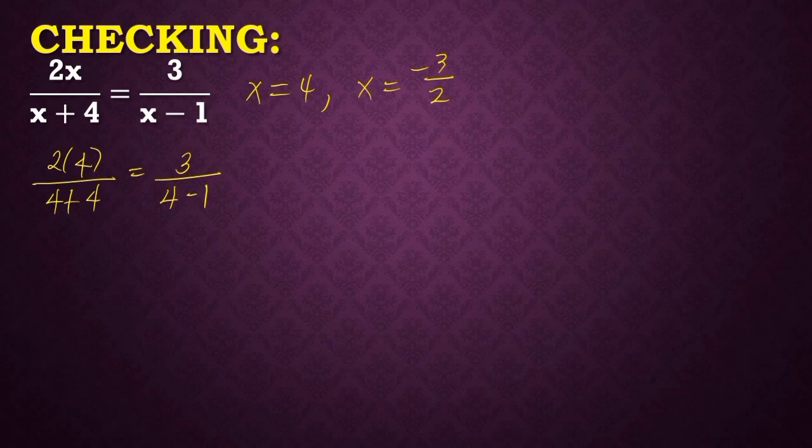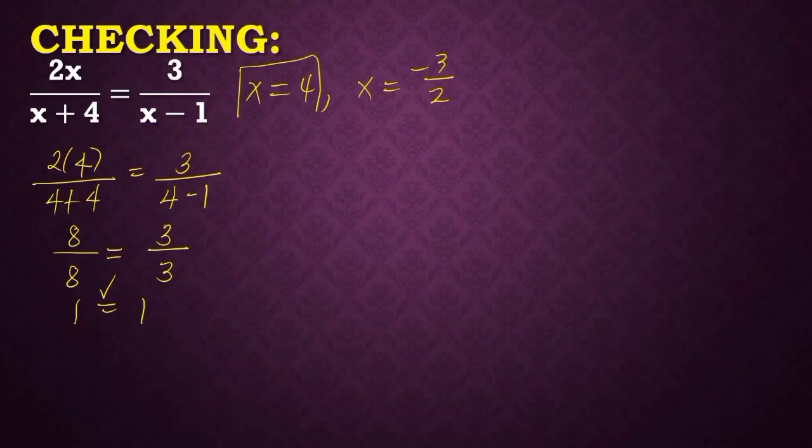So, 2 times 4, that is 8, over 4 plus 4, 8, equals 3 over 4 minus 1, that is 3. 8 divided by 8, that is 1, equals 3 divided by 3, that is also 1. So, 1 equals 1. So, yung x equals 4. Tama po.